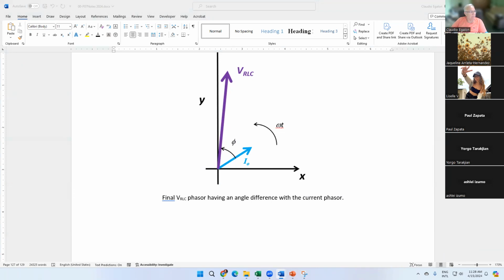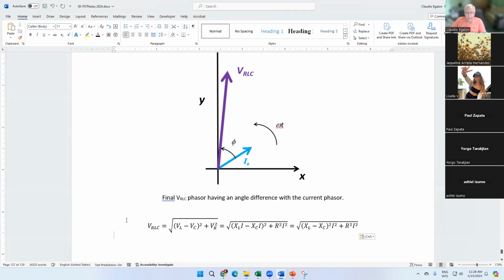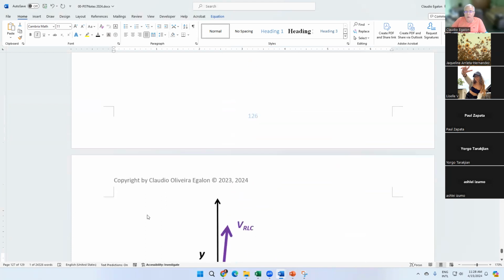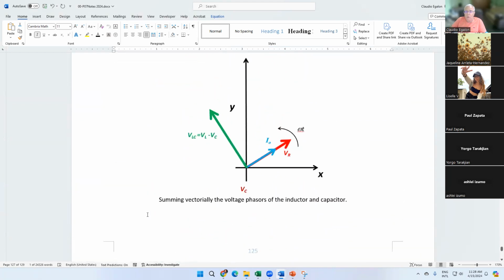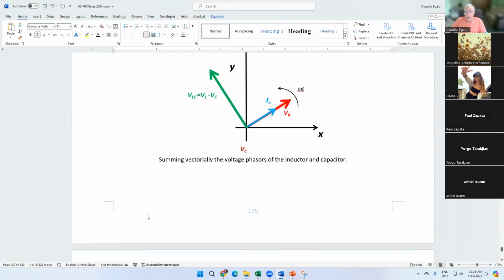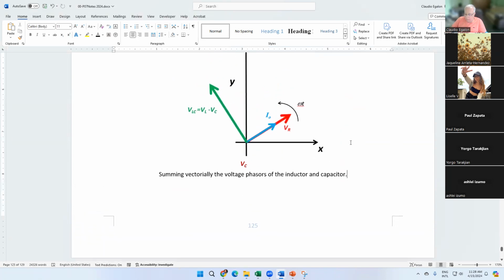Okay. And it's possible to calculate that. How do I find the VRLC? Okay, VRLC is easy, right? First, we can see that this one should belong elsewhere. Let's take it. It should belong right in here, right? The VRLC should be what?